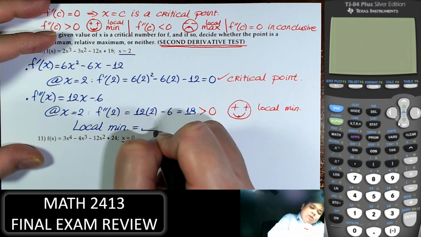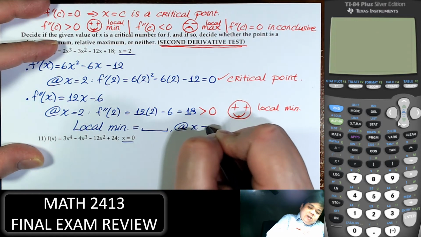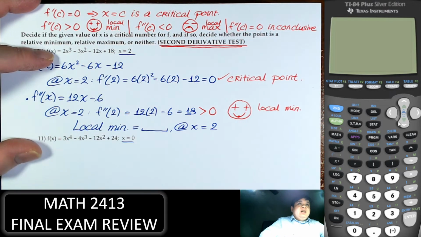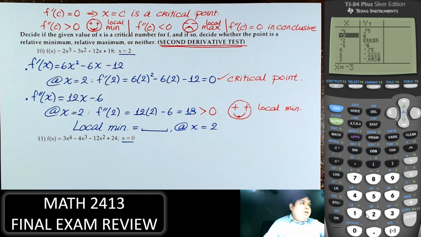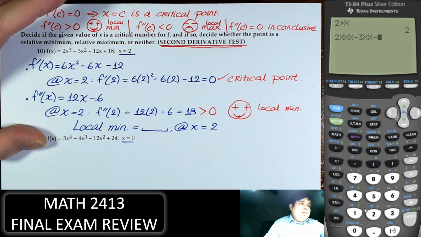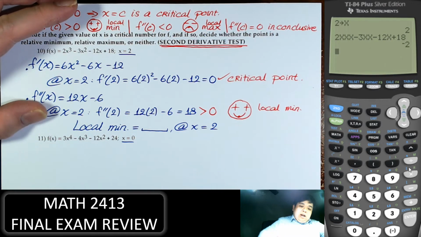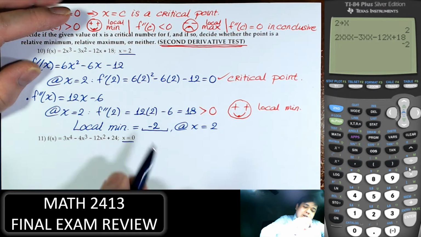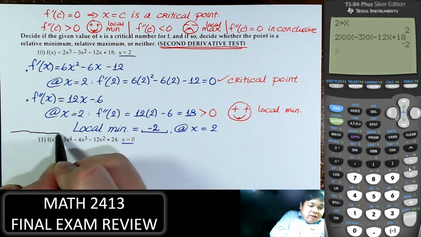If we want to find the values, it's easy. Just put 2 back in here. Just need to evaluate at 2, so I store that into x and evaluate. It's -2. Simple enough.